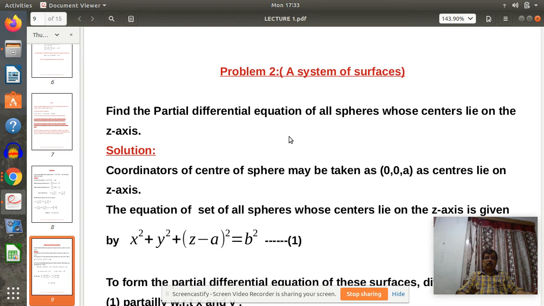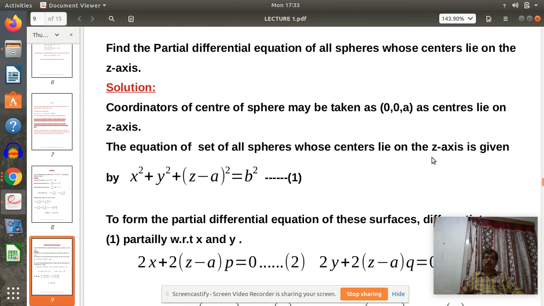The coordinates of the center of the sphere may be taken as 0, 0, a, because it is a point lying on the z-axis. If you take any point on the z-axis, its x coordinate and y coordinate are 0, and the z coordinate varies. So 0, 0, a is an arbitrary point on the z-axis. Then the equation of the set of all spheres whose centers lie on the z-axis is given by our general formula: x minus a the whole square plus y minus b the whole square plus z minus c the whole square equal to r square.